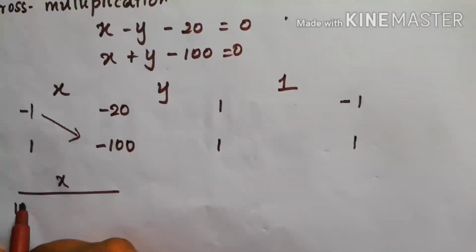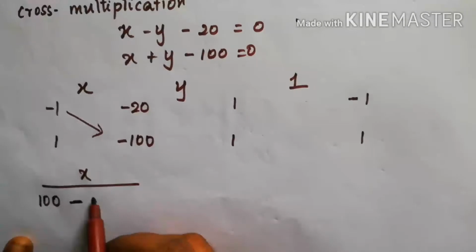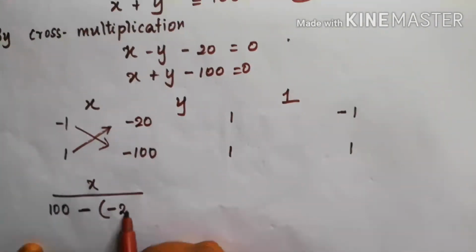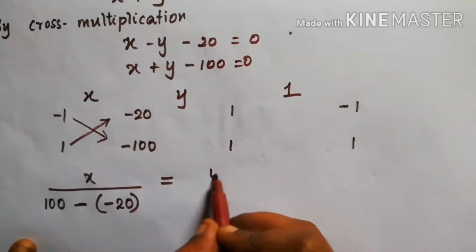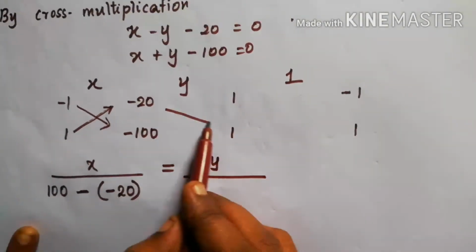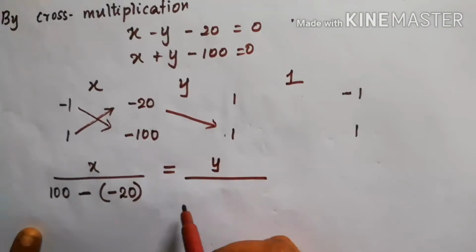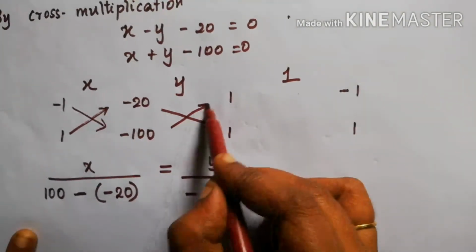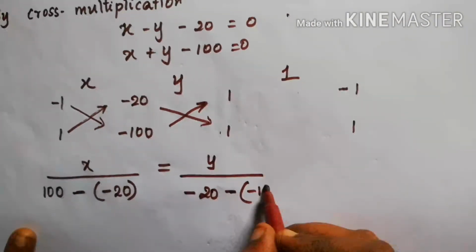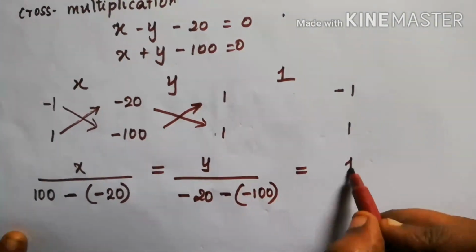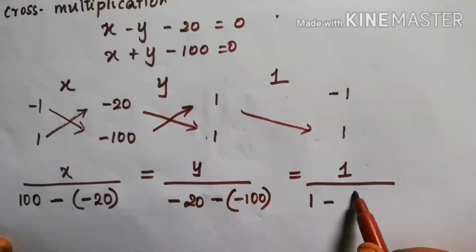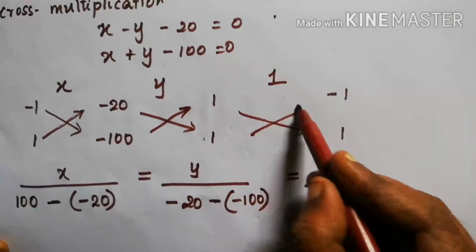Minus into plus: 1 into 100, 100, minus of up arrow, 1 into minus 20, minus 20, equal to y by down arrow. Minus into plus, minus 20, minus of up arrow. Minus plus minus 100, equal to constant by 1, minus of up arrow is minus 1.